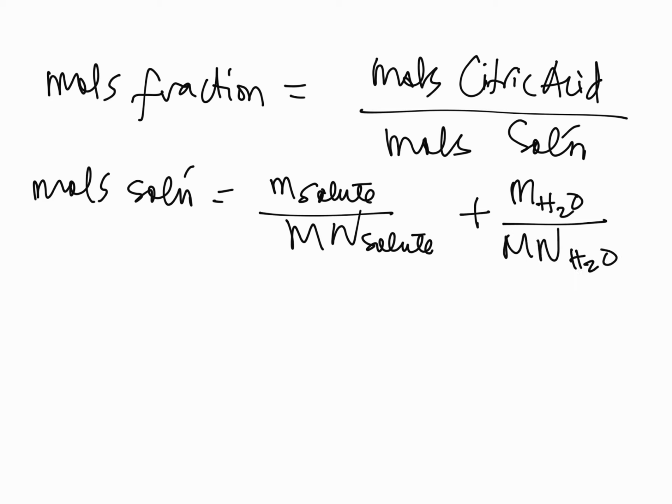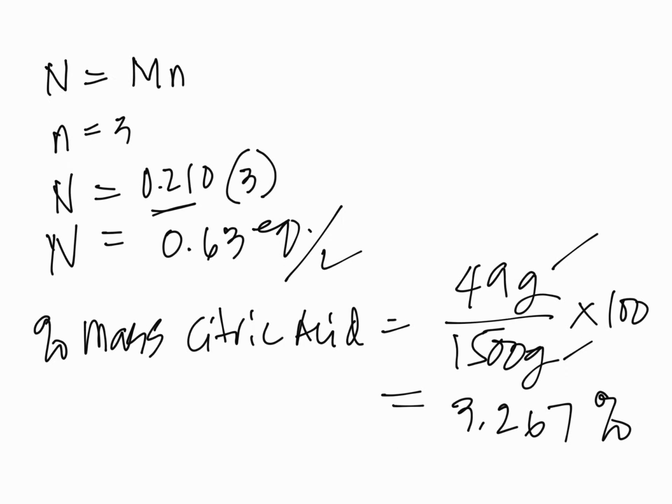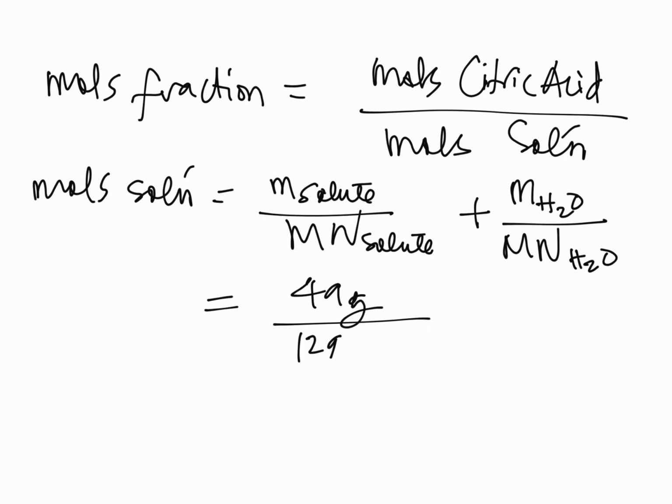You add them because you add the solvent and the solute to make a solution. The mass of the solute is 49 grams, and the molecular weight is 192.124 grams per mole, plus the mass of water.